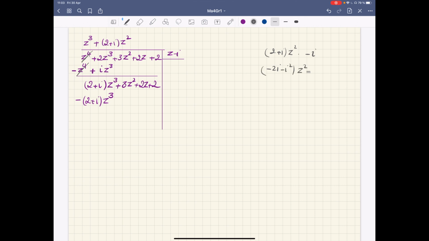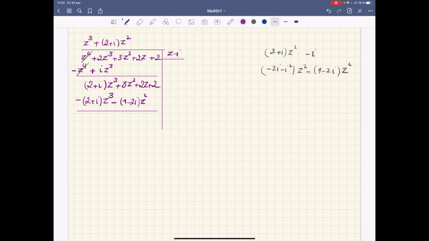But minus I squared is 1, so it becomes 1 minus 2I Z squared. So that is exactly what I have to put here, but with the opposite sign. So the sign would be minus 1 minus 2I Z squared, and then I do the same thing.